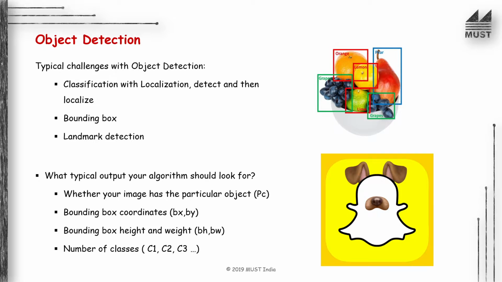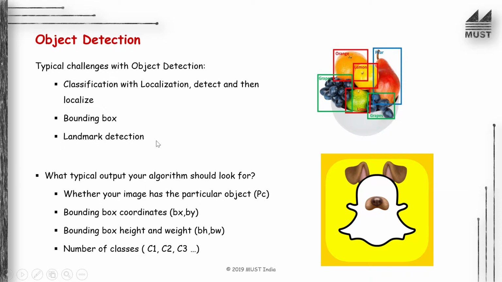Apart from that, an important application of object detection is landmark detection. You have seen these Snapchat filters where you add dog ears and a nose, right? It never adds the dog nose over your eyes or forehead. It finds your exact nose location, and then on top of it, it adds the filter. So how does it do it?